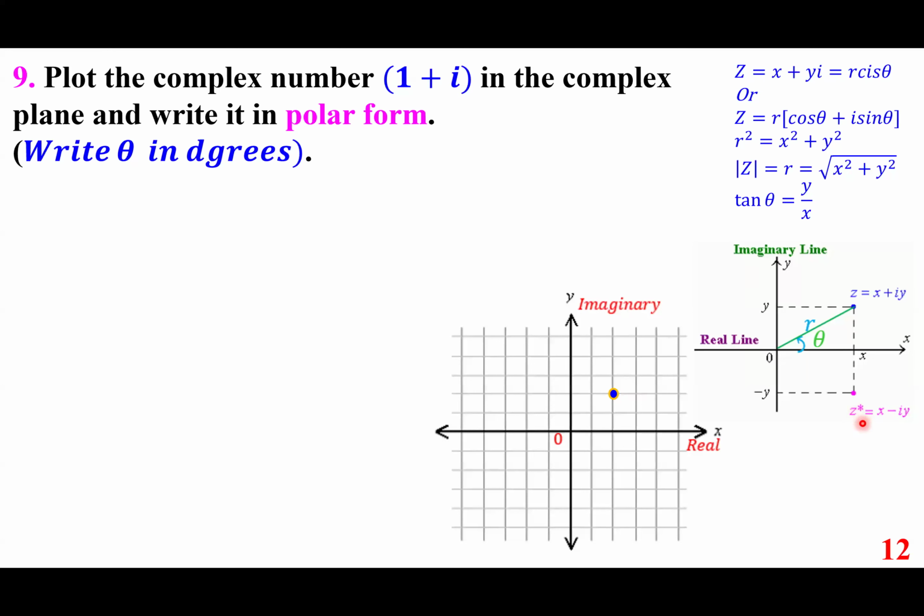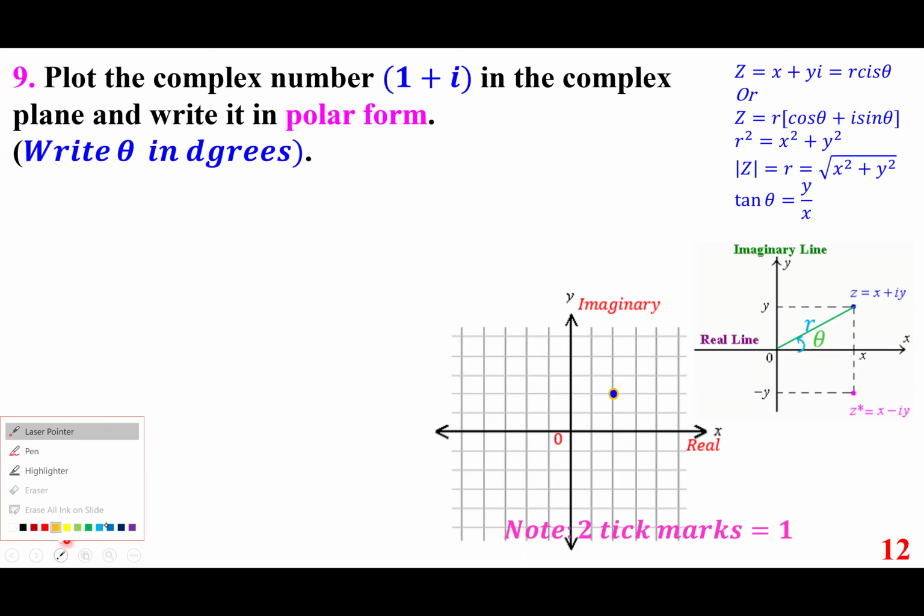This is the graph. This is the real, this is the imaginary line, and this one is 1, and this is 1i. So I'm going to go with 2 tick marks again. Okay, 2 tick marks equals 1, because otherwise it will be too small. So this represents 1, 2, 1, 2.